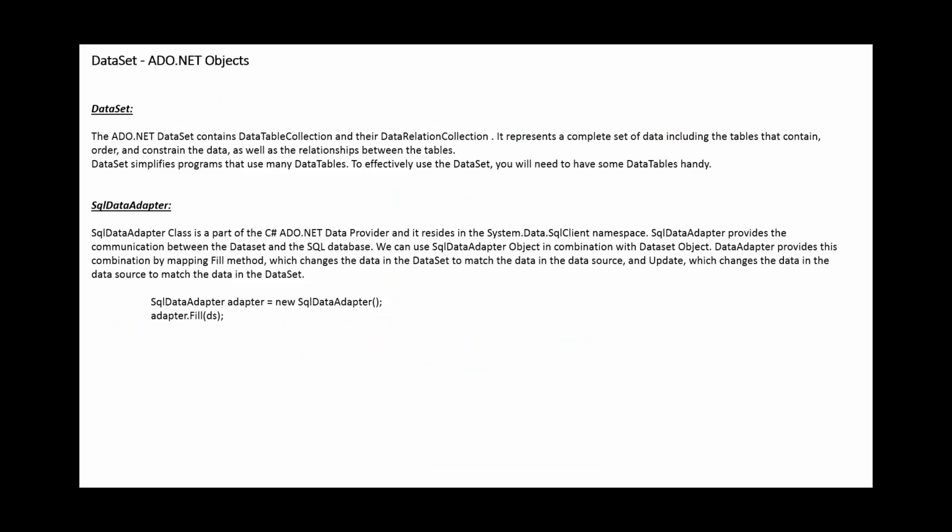In your SQL Server, normally you can create tables, you can create their relations, and you can even define constraints like unique key constraints and primary key constraints. All these you can create and maintain by using a data set.